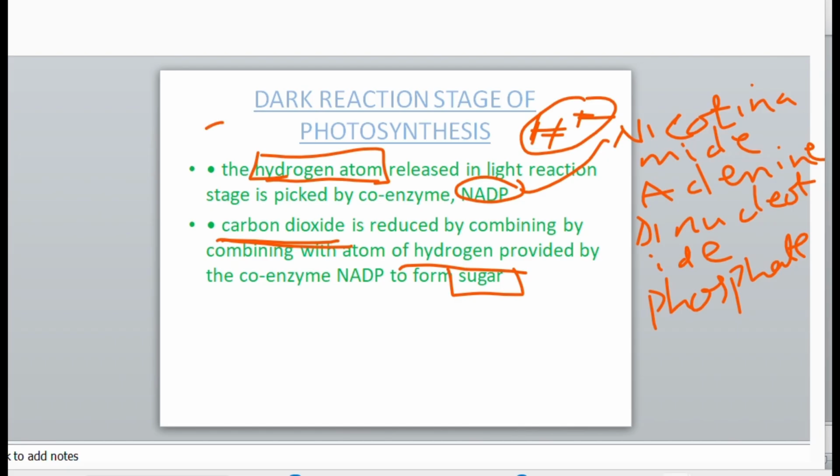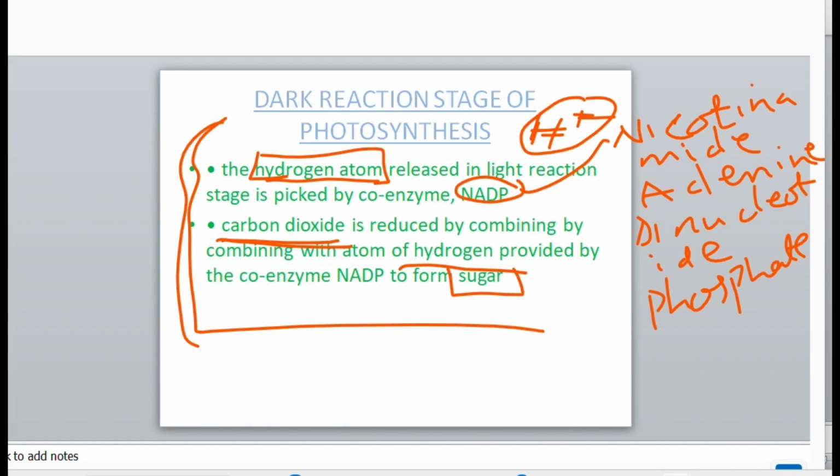So these reactions take place in a series of steps controlled by specific enzymes. This is actually called the Calvin cycle. The major thing that takes place in the dark reaction stage is the combination of hydrogen ion and this coenzyme, nicotinamide adenine dinucleotide phosphate.